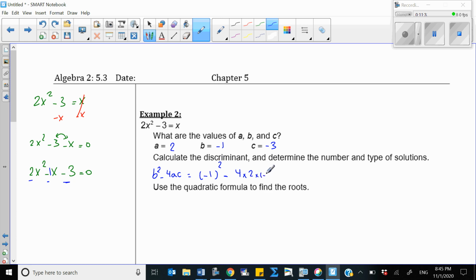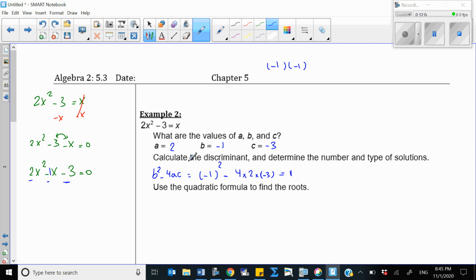I'm going to put the negative 3 here in parentheses because we don't want two signs beside each other, like times and a negative. We don't want them to be stuck together, so we separate them with a parenthesis. Okay, now let's calculate this. Negative 1 squared is equal to 1 because it's negative 1 times negative 1. So it's going to be negative times negative, positive.